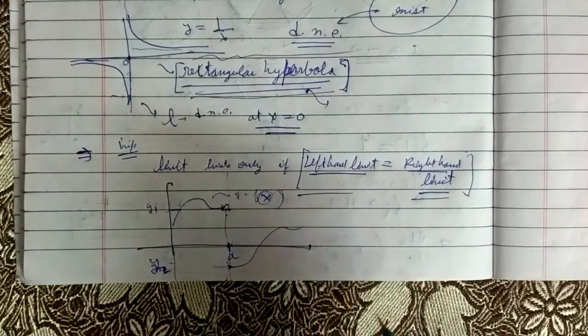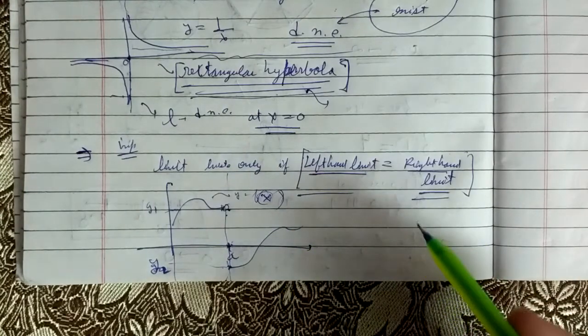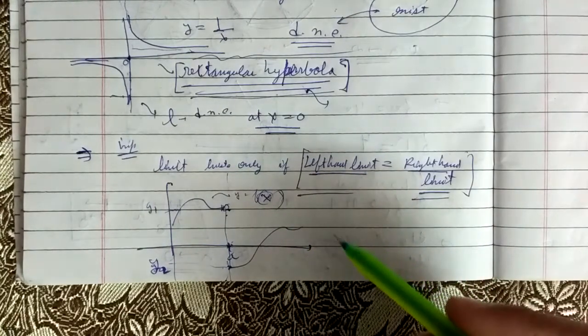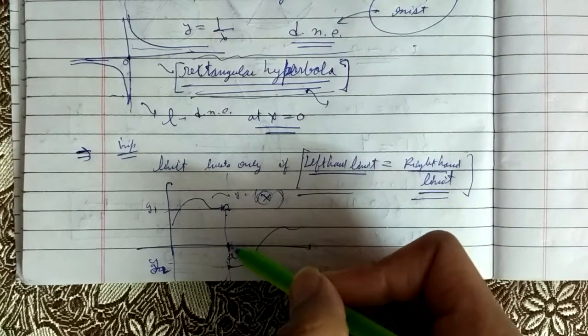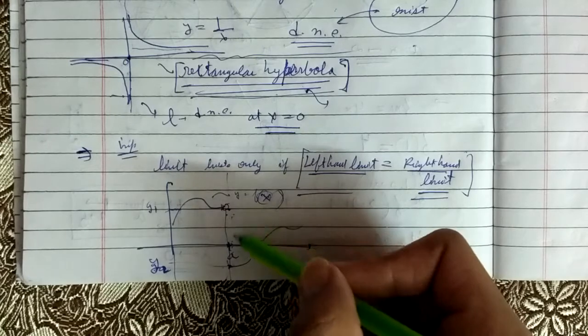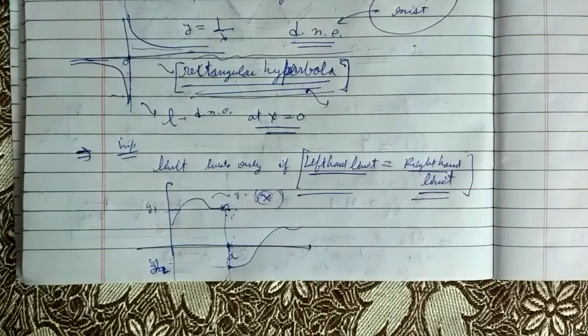So here we would say that limit does not exist, because we would not be able to specify a specific value for the function in the neighborhood of x equal to a. So we would say that limit does not exist in this case also. Okay. So moving on further.